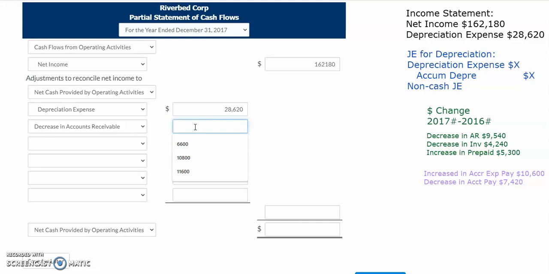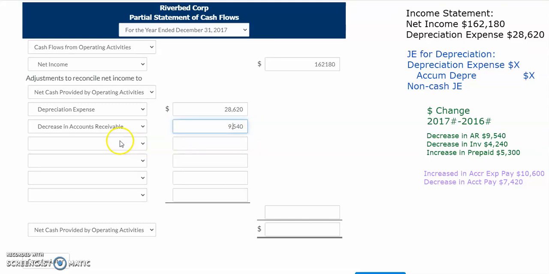And the reason for that is that we have an increase in our cash flows because we actually received most of the accounts receivable. If you think back to the journal entry for accounts receivable, you're going to debit cash and credit accounts receivable when you actually collect cash. So if your accounts receivable is going down, that means that you're collecting cash.